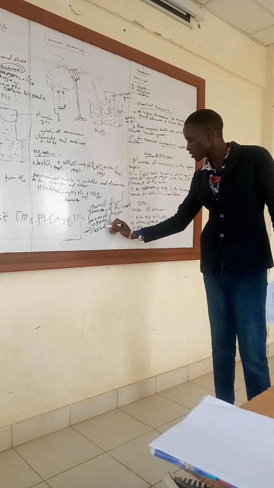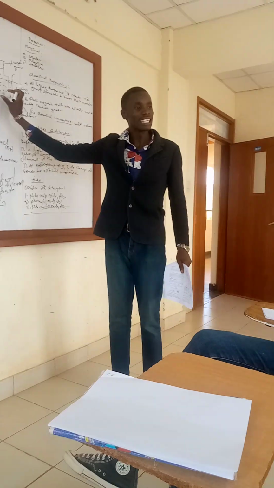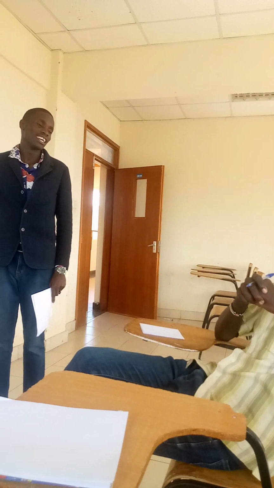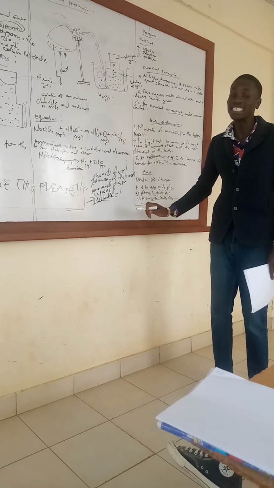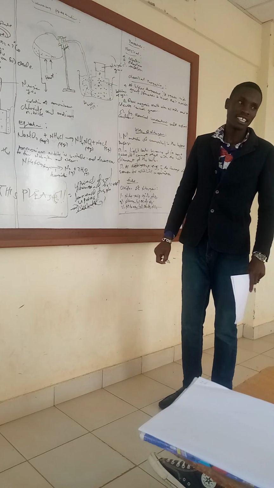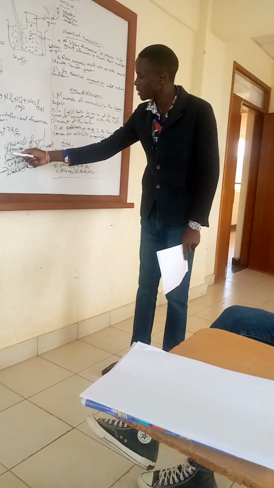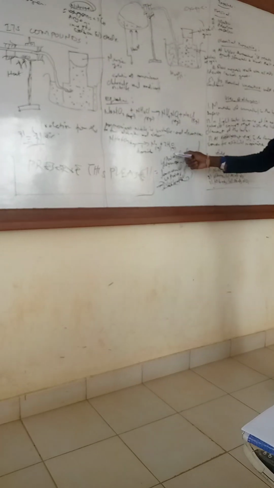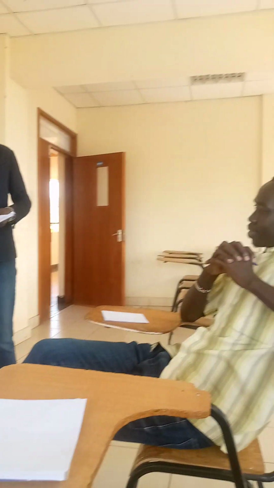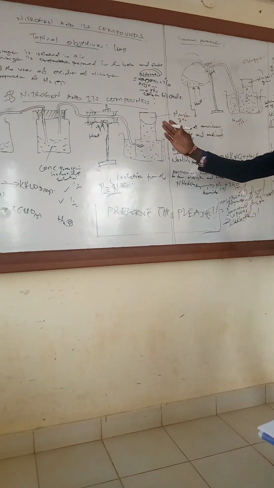This overwater method is used to collect gases that are less or slightly soluble in water, gases like nitrogen and also oxygen. Upward delivery and downward delivery are used for collection of gases depending on their density; we talk of gases that are less dense.